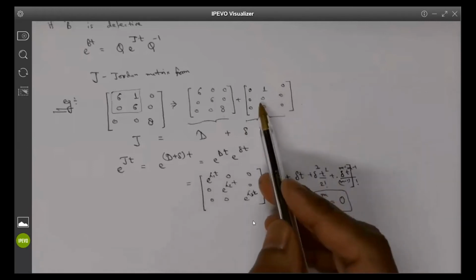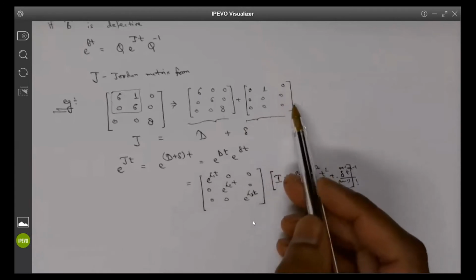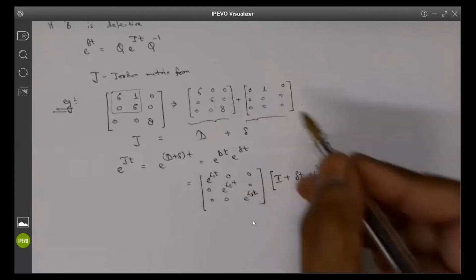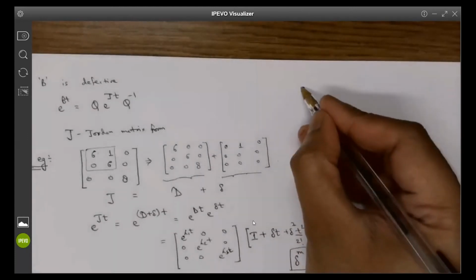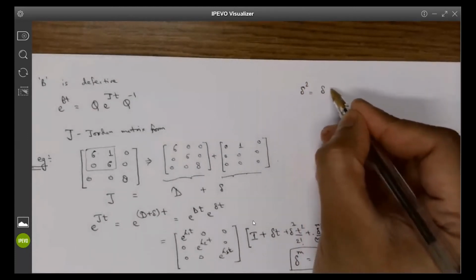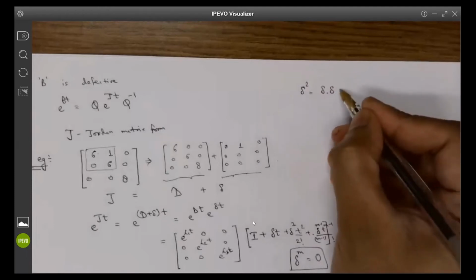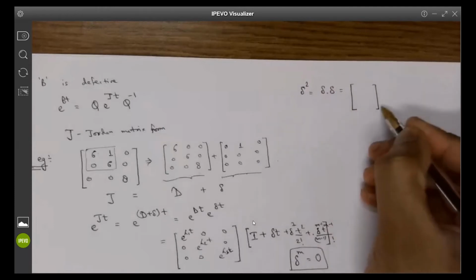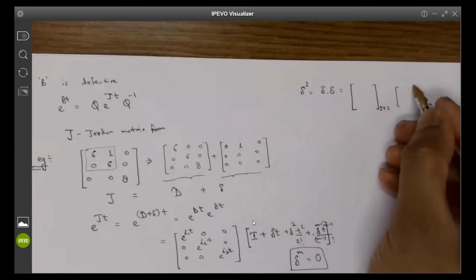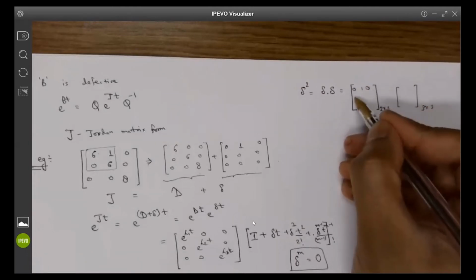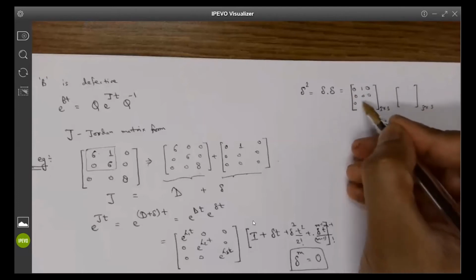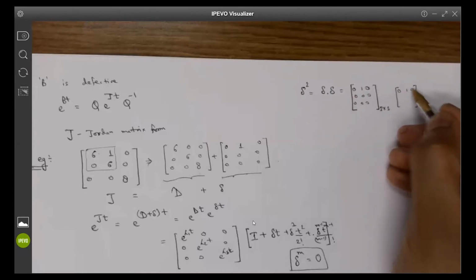Again, when you multiply this with itself, you are not going to get 1 because this is a 3 by 3 matrix. So delta squared is delta times delta, a 3 by 3 matrix times a 3 by 3 matrix. That's why I'm asking you to quickly use MATLAB. Well, let's do it actually. I can do it easily here.